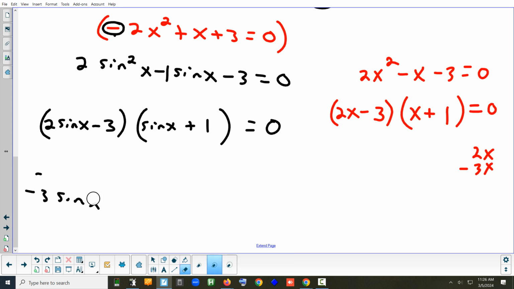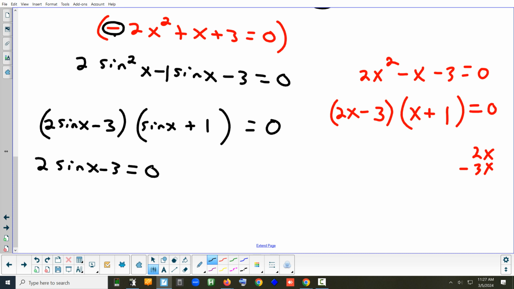All right. Now, once you have your factors and it's equal to 0, what do you do with each factor? You set them equal to 0. So we do exactly the same thing. Take each factor and set the first one equal to 0. And set the second one equal to 0.